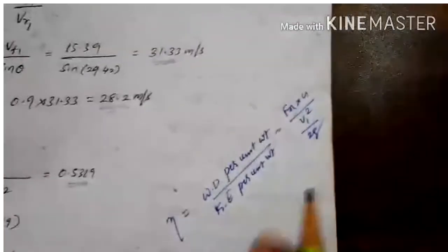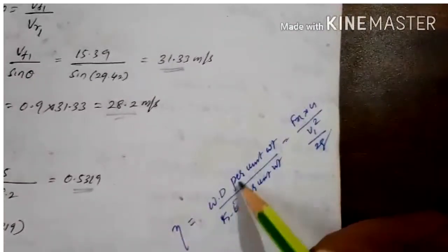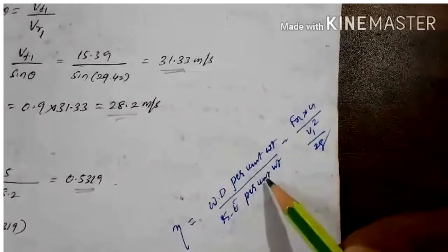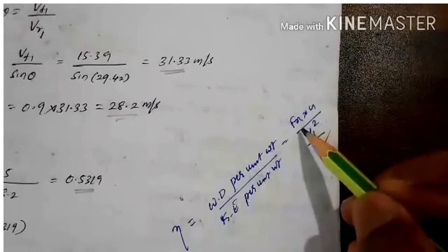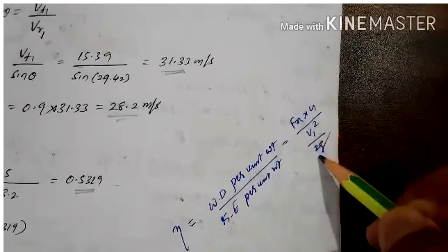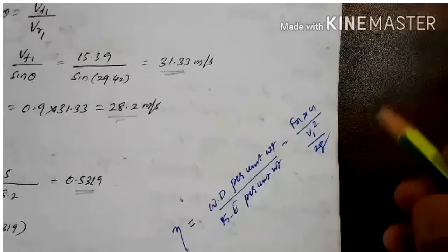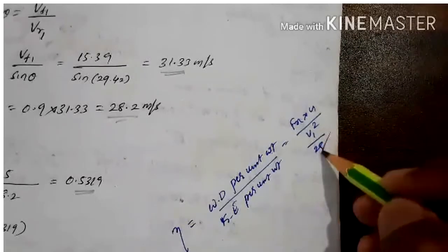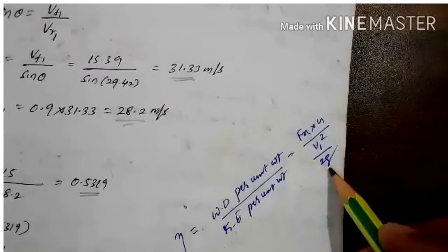Efficiency is work done per unit weight over kinetic energy per unit weight. So work done, how do we write? Fx into u, divided by V1 square by 2g. This is per unit weight.